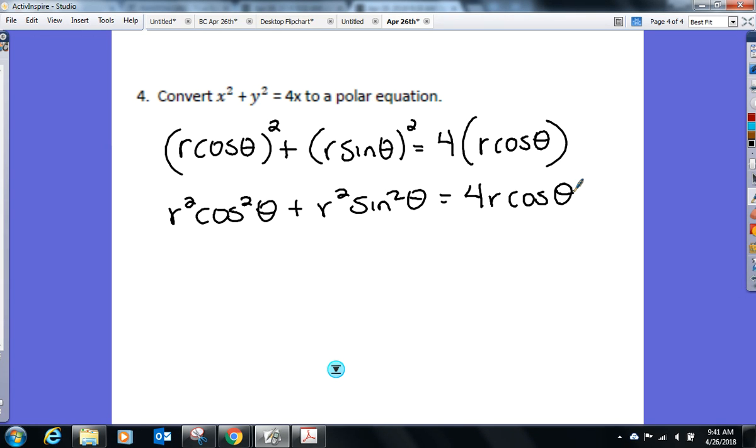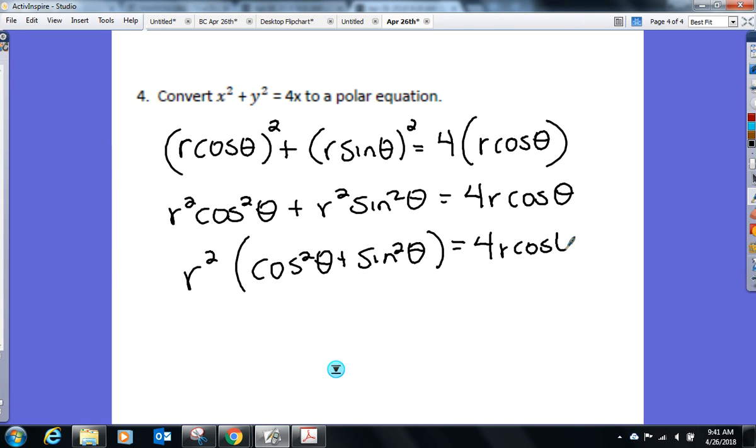What do you want to do? Take the R squared out. Yep, you got it. Take the R squared out, factor it. Very similar to the last one, but we have some stuff on the other side to take care of now. So we'll just keep that 4R cosine theta.